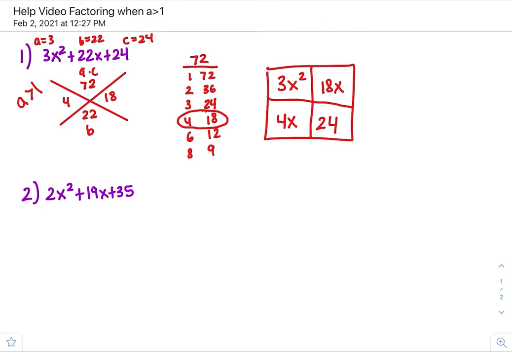Now, we have to factor out from the columns and from each row in order to find our factors of this quadratic function. So for this column, look at the numbers, 18 and 24. What is the greatest common factor? What is the biggest number that goes into both 18 and 24?